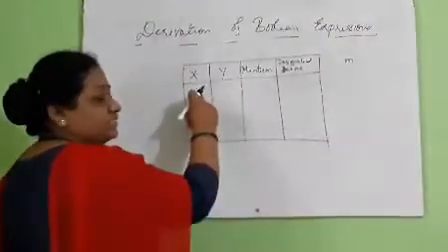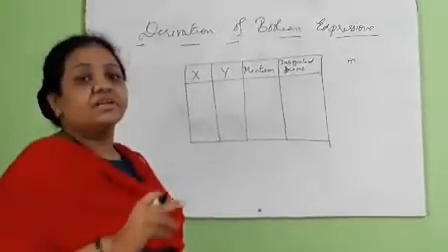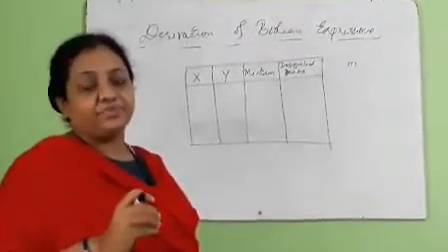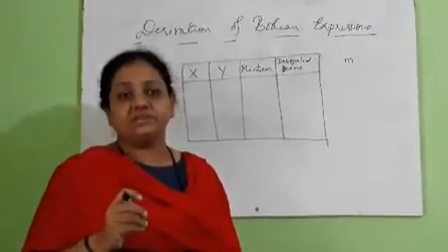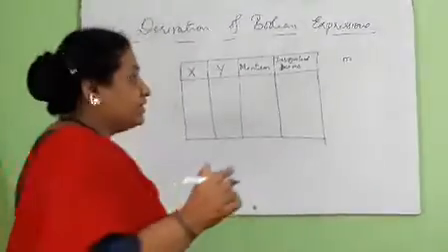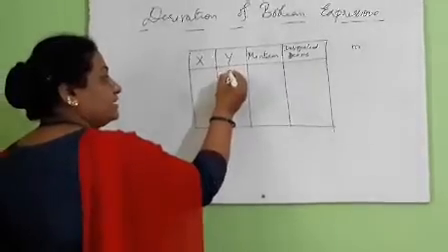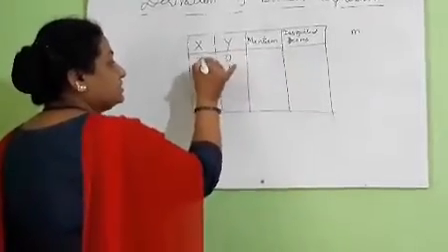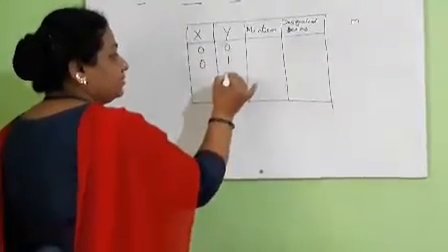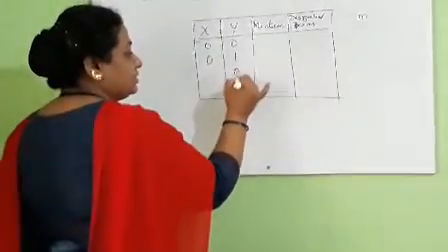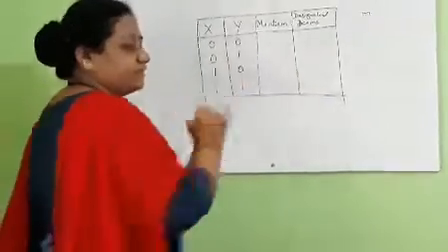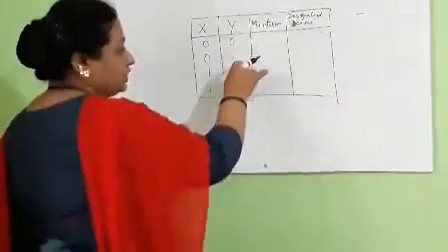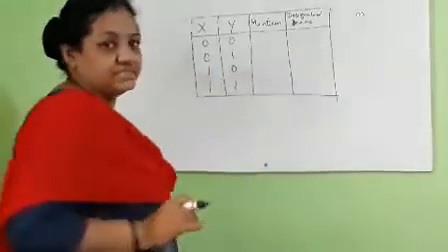Now as we have two variables, let's take the values for x and y. X and y are logic variables, they can be 0 or 1. So x can be 0, 0, 1, 1 and y can be 0, 1, 0, 1. You know how to take the values for the variables: two zeros, two ones.